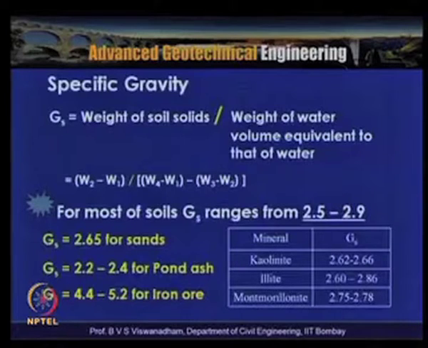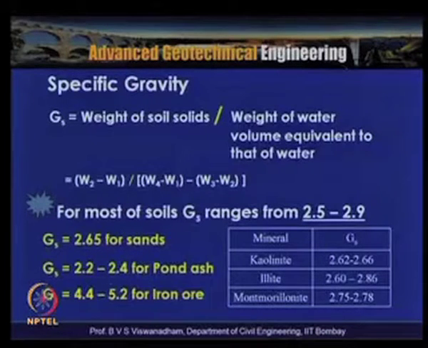Now we have W1, W2, W3, W4. We need to find the specific gravity of the soil under consideration. So, you need the weight of the soil solids. That is nothing but W2 minus W1, where W2 is the weight of the soil and bottle, minus W1, the empty weight of the bottle.